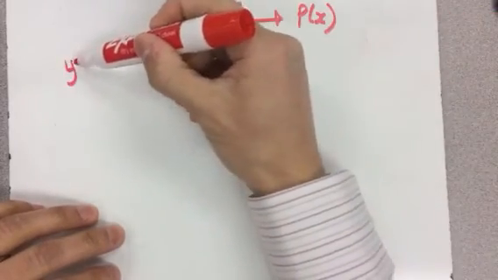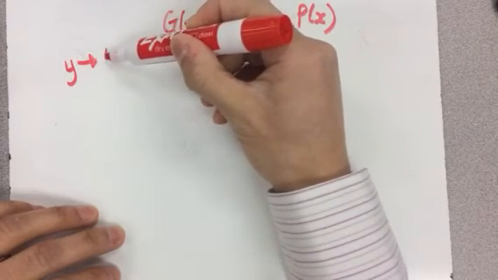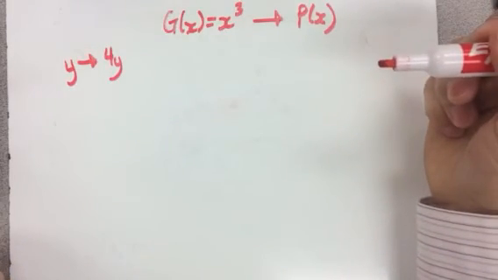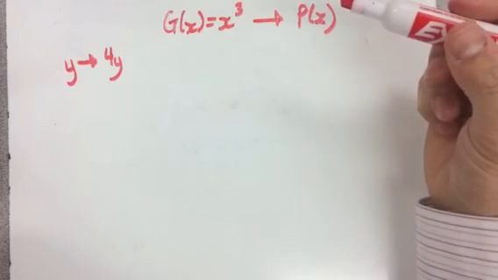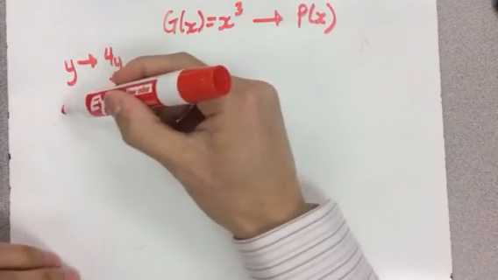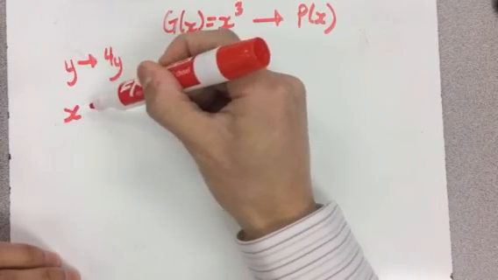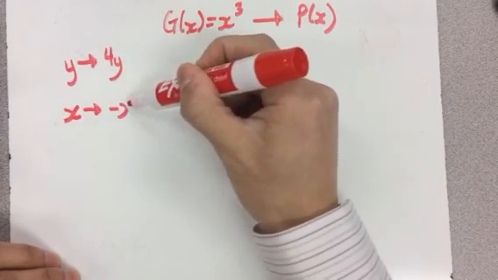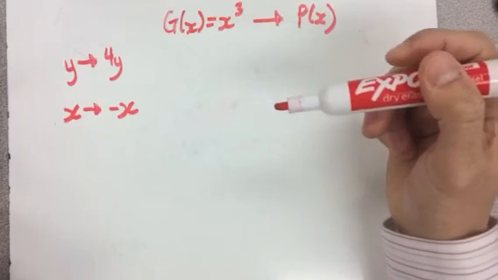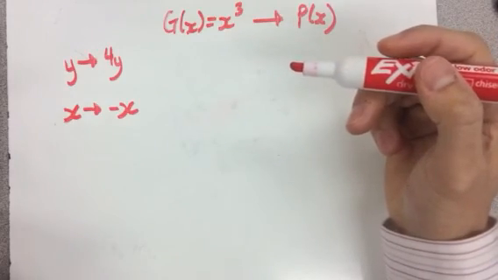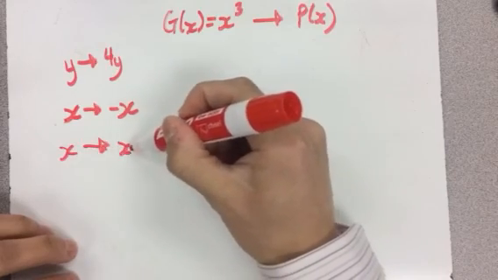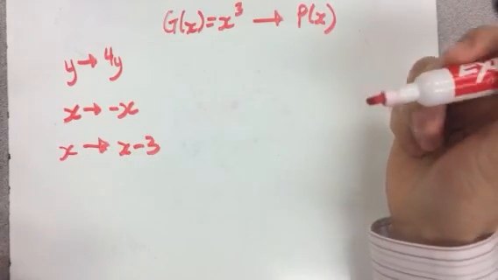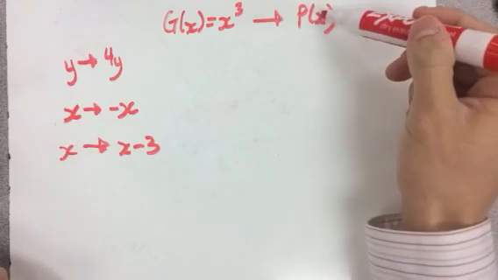That means y would go to 4y. We also know it's reflected in the y-axis. So if it's reflected in the y-axis, that means x is going to negative x. And it's translated 3 units to the right, so x goes to x minus 3. So write the equation of the new function p of x.